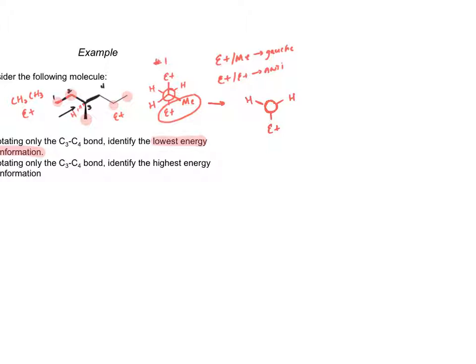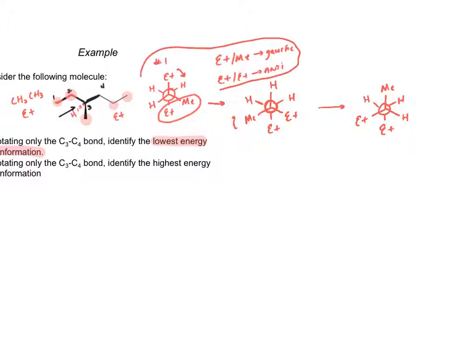We're going to rotate that front carbon to the right. So now the front carbon is going to have an ethyl here, a methyl here, and a hydrogen here. We'll go ahead and do the next one because we have to get to it anyways. Same thing: I'm going to rotate the front carbon to the right, keeping the back carbon constant. So hydrogen, hydrogen, ethyl. Now we'll have ethyl here, methyl here, and hydrogen here. So these are our 3 conformations.